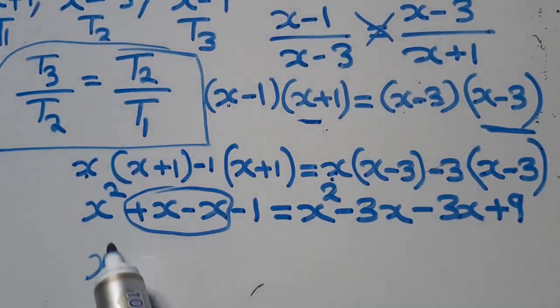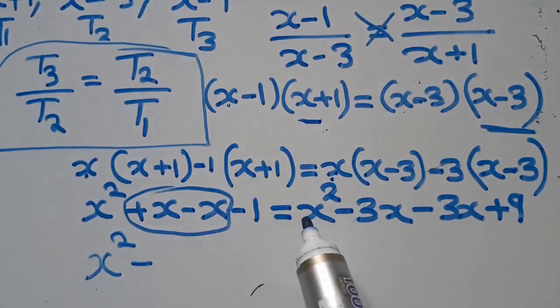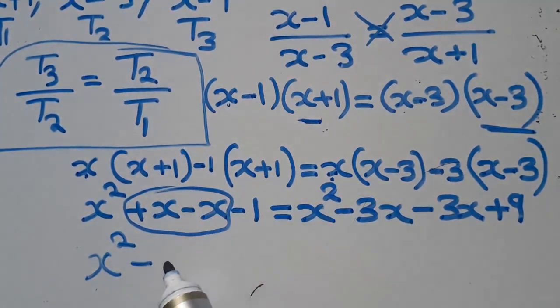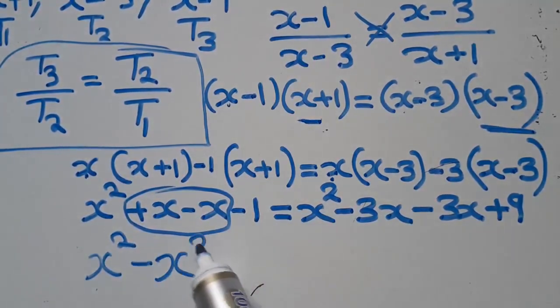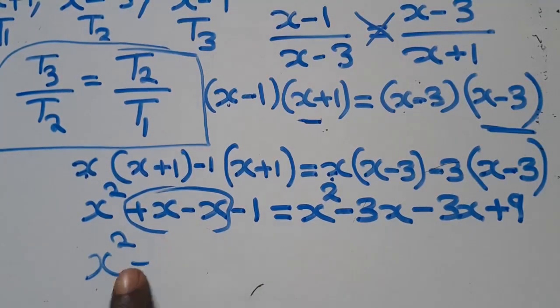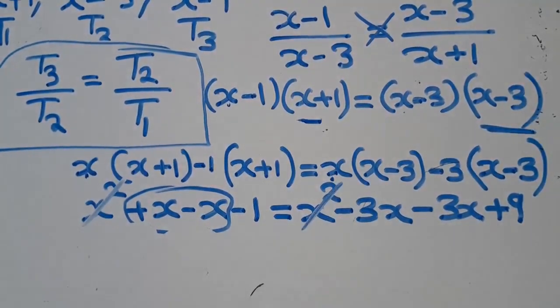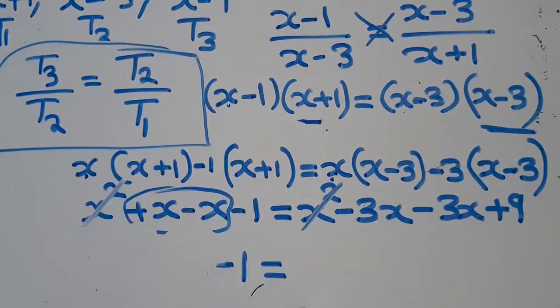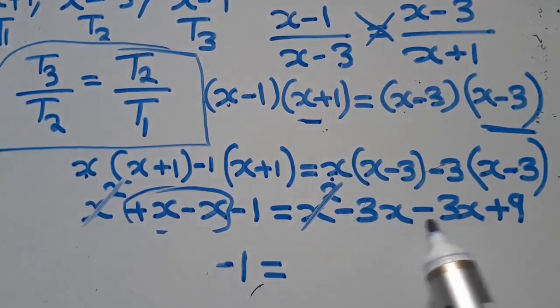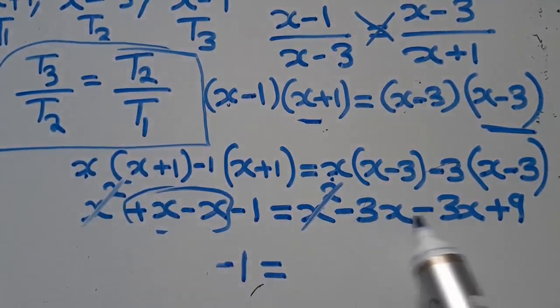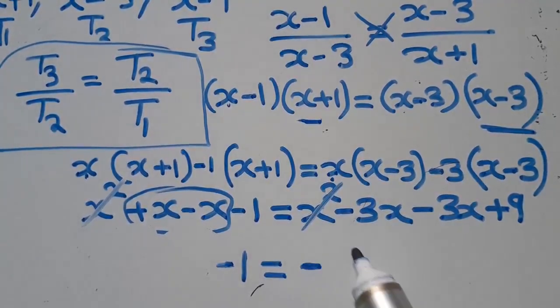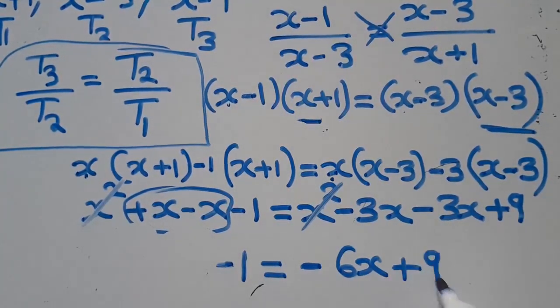So we have x squared minus, this is positive, when it comes this side it becomes minus x squared. Have you seen x squared minus x squared? That is a 0. Meaning even these are going to be cancelled. So we're going to have just negative 1 that has remained this side, which is equal to negative 3x minus 3x, which is minus 6x, plus 9.